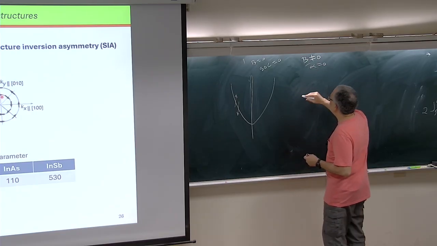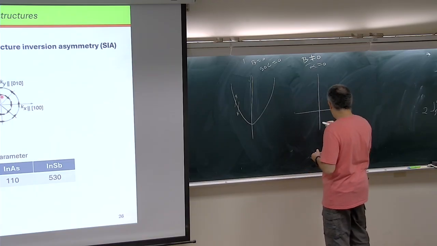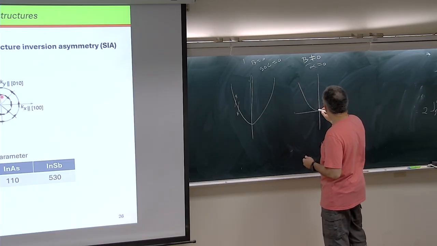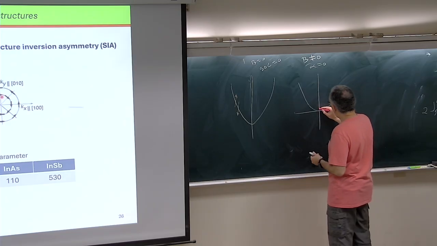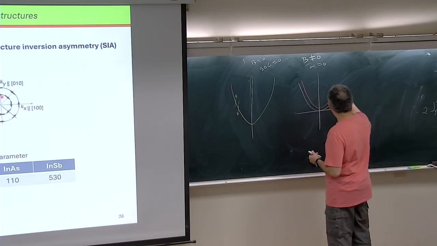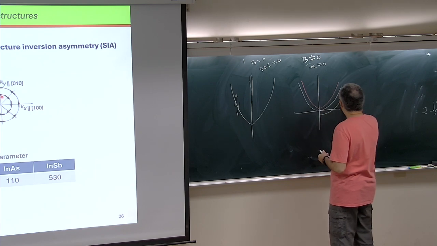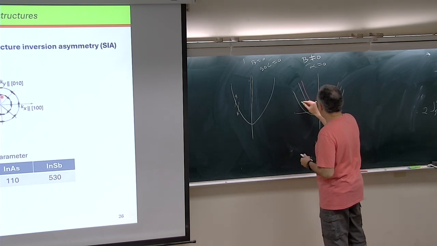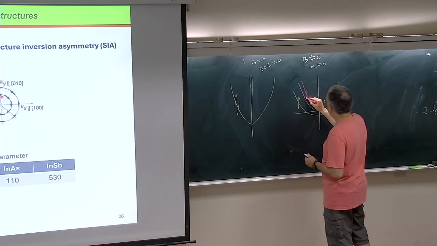So only magnetic field. So one of them shifts up, the other shifts down. Let's say that this is spin up and spin down.